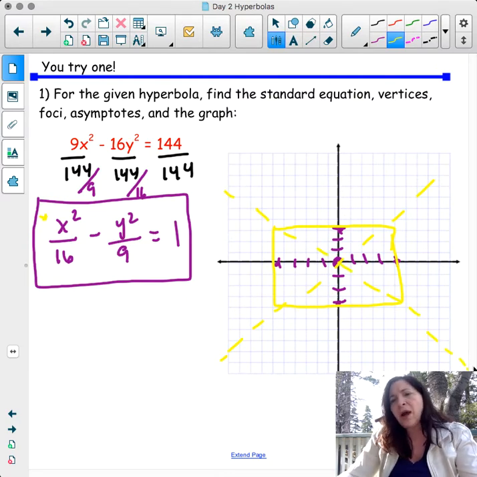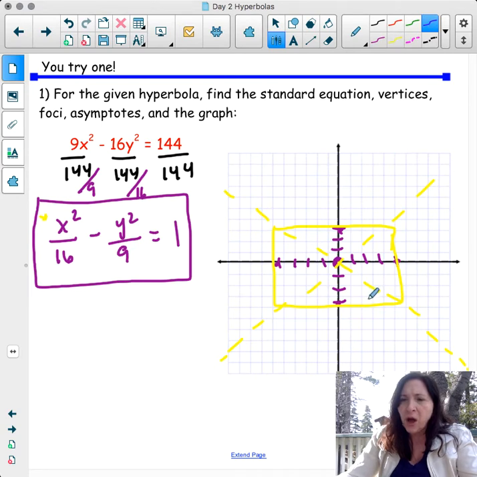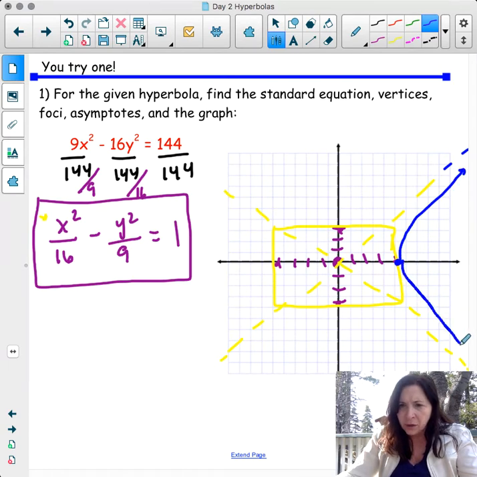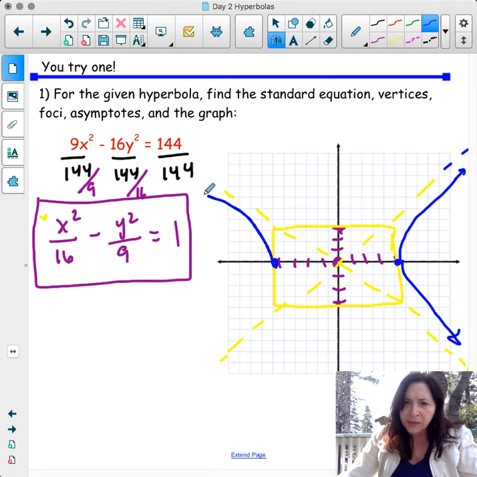And remember, your hyperbola arcs are going to follow the asymptotes. In this case, because my x-axis is positive, my hyperbola is going to go this way, and it's going to go this way. Likewise, it'll start here and go this way, because again, my x-axis is positive.